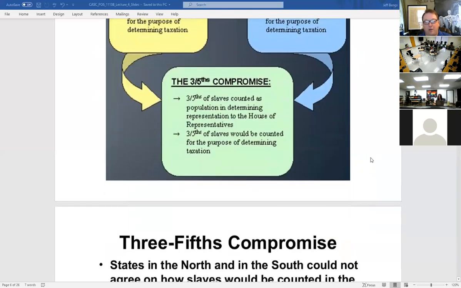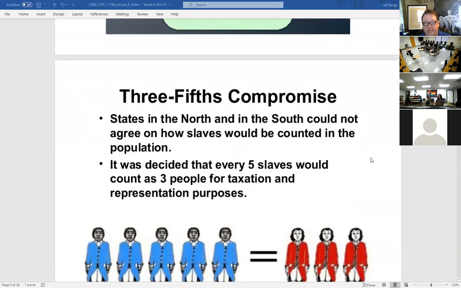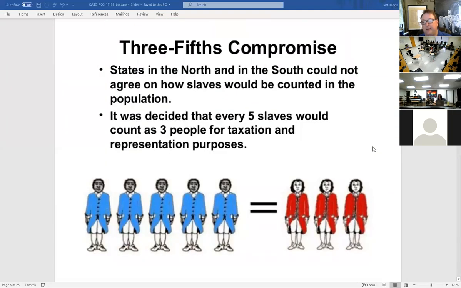Now, if you've never heard of this, which is in the Constitution, it was repealed in one of the amendments. Of course, we don't have slavery anymore, but this was eventually repealed, and then eventually slavery was abolished after the Civil War.